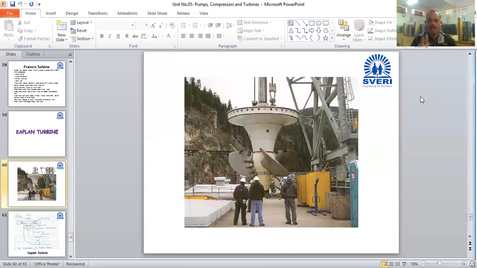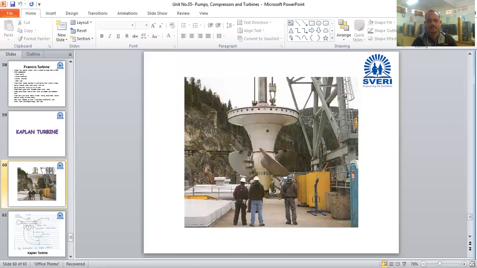This runner is called the hub or boss, and the vanes are mounted on it at an angle to that boss. The same kind of device is also used in ships. You may have observed in movies, at the back of a ship there is a device that rotates to push the ship forward. Have you observed it?